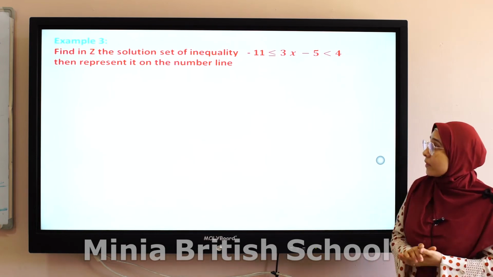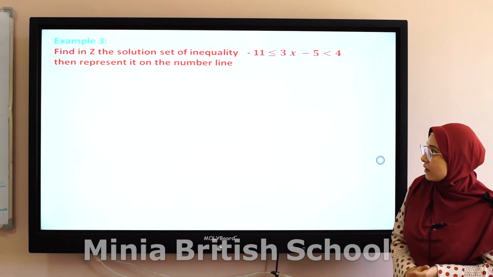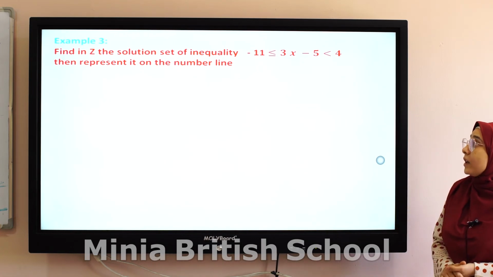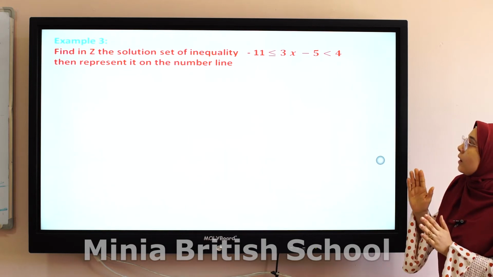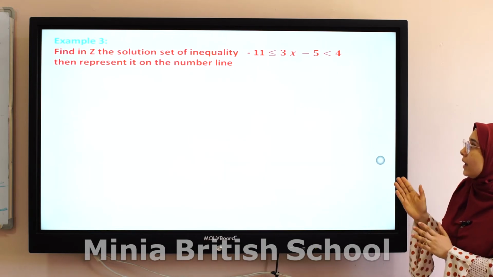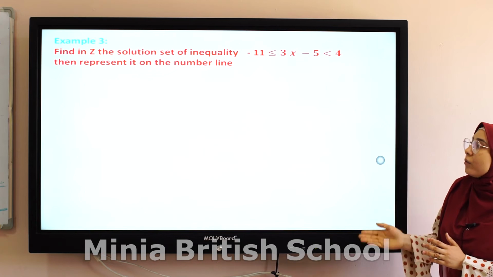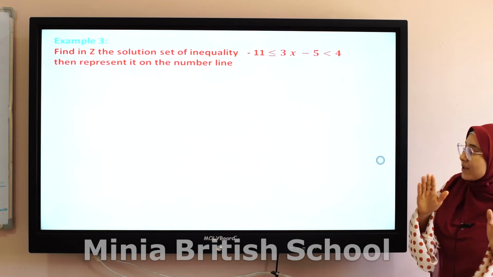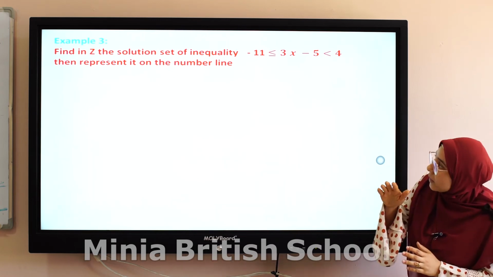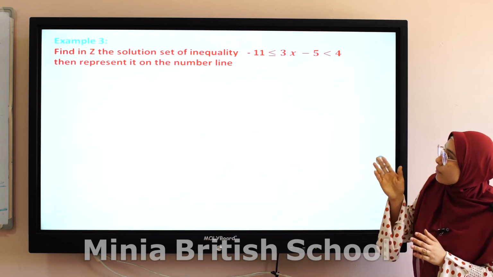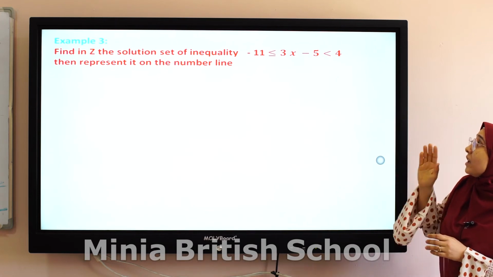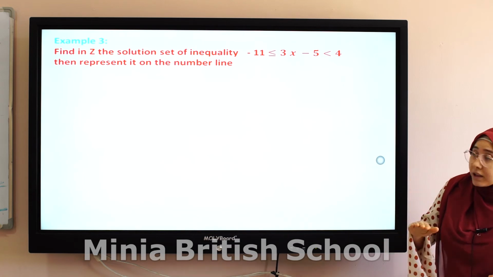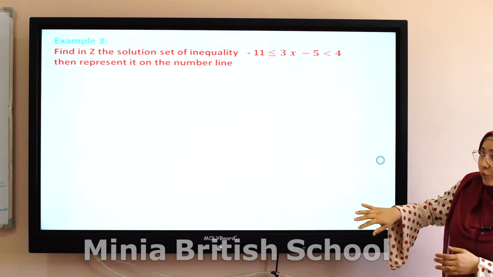Last one. Find in the integers the solution set of the inequality 3x minus 5 greater than or equal to -11 and less than 4.